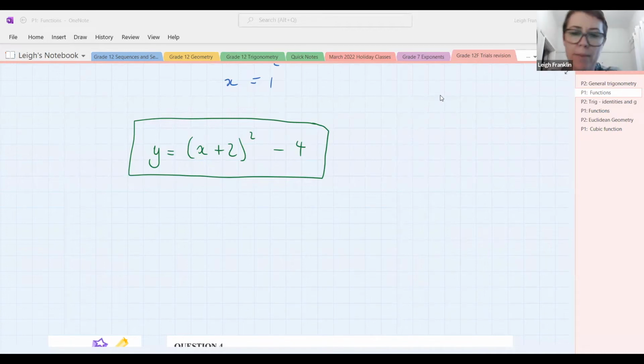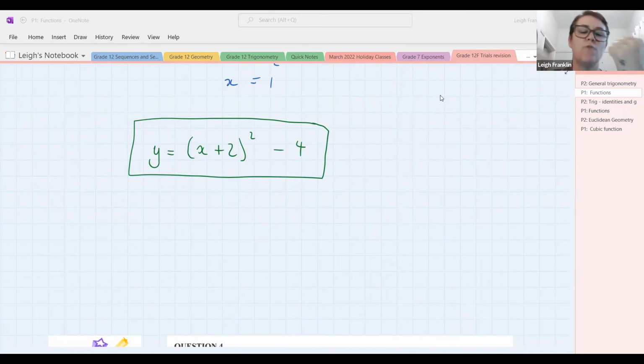Now, this parabola, inside the bracket, it says x plus 2. All right, so has this parabola been shifted 2 units to the right or 2 units to the left? What do you think, right or left? You can put your answers into the chat.